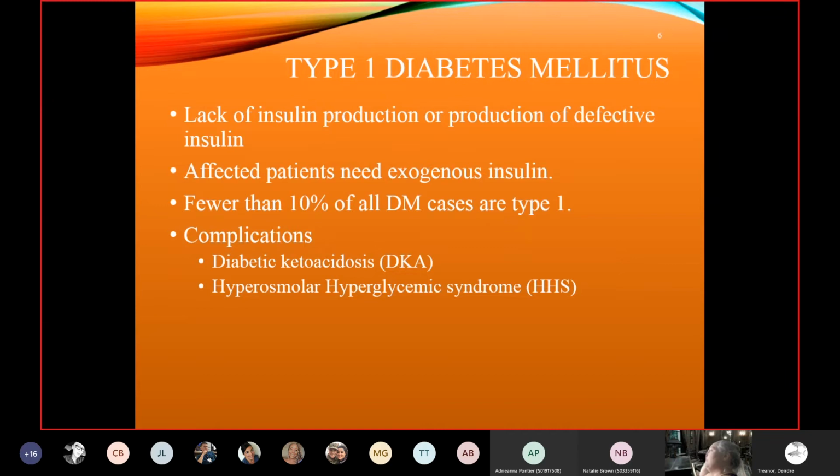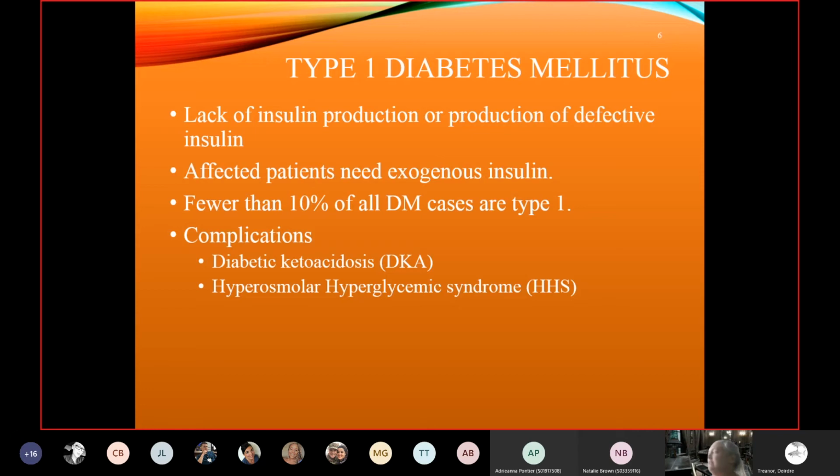Type 1, so they don't produce insulin or it's defective. So think of it as a lock and a key, and insulin is the key. And your cells have the lock on them. You either aren't producing enough insulin to unlock the cells so the glucose can get in, or the keys don't fit right into the lock to let the glucose in.